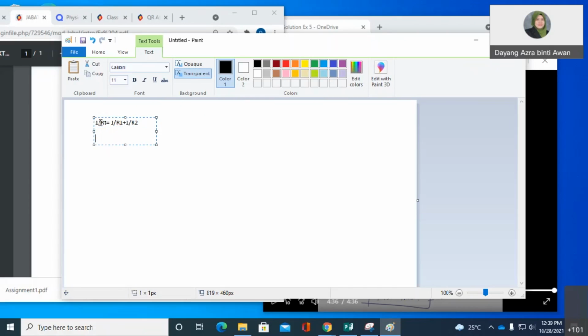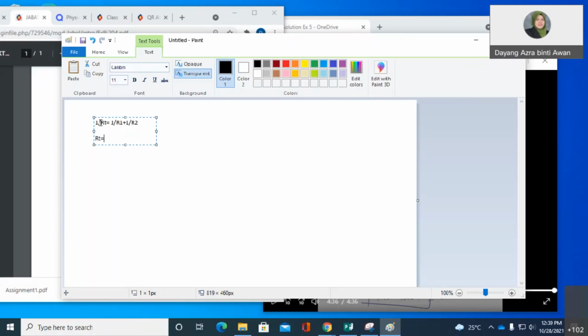Okay, so to be safe, you need to rearrange the formula. So we have RT is equal to, you make it a fraction. So we have 1 over RT is equal to, make the denominators the same, R1, R2.